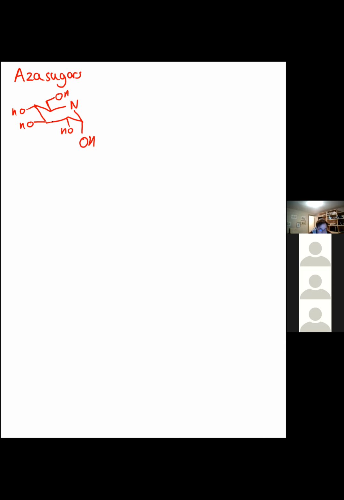So I gave this there. So this would be alpha-D-azoglucose. But if you wanted to get really particular, because this is acceptable, everyone will know what you mean by this, but that's not really all that good.